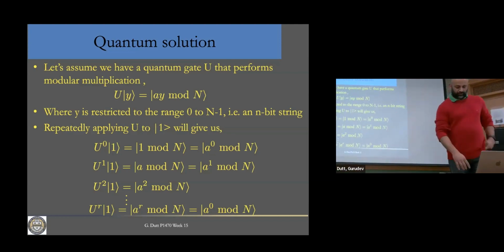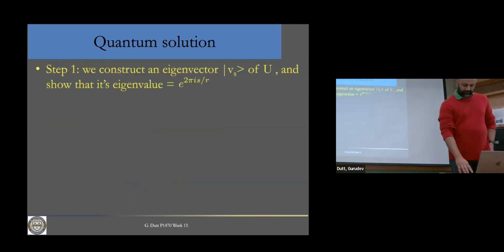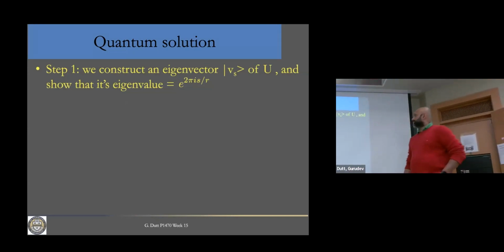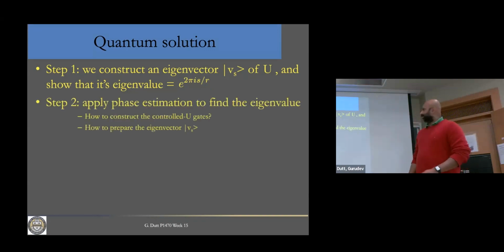modular exponent. Okay, so our quantum solution to find this r will go in 3 steps. In step 1, we'll construct an eigenvector Vs of u, and we will show that its eigenvalue equals this value over here. Our next step will be to apply phase estimation.